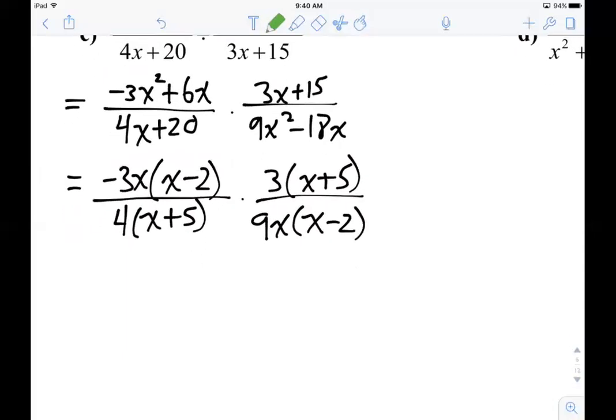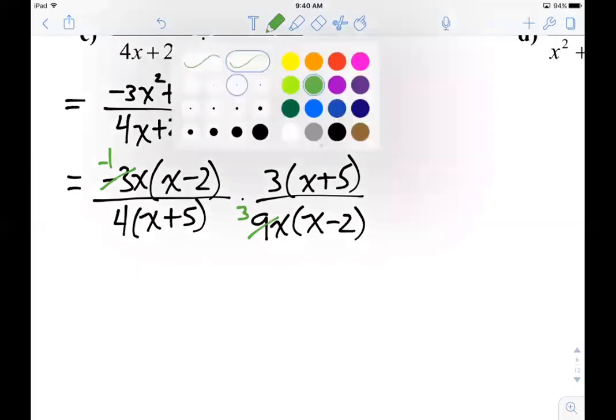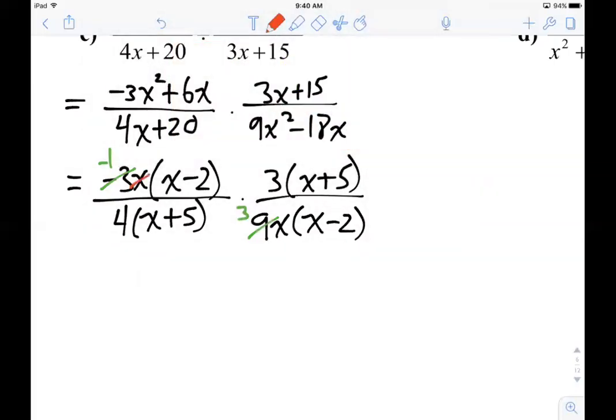First off, just before I even look at the factors, let's just think about the numbers involved. So this negative 3, how about I divide it by 3 to make it a negative 1? And I'll divide this 9 by 3 to make it a 3. Well, I can also divide this x by x to leave a 1 and divide this x by x to leave a 1.